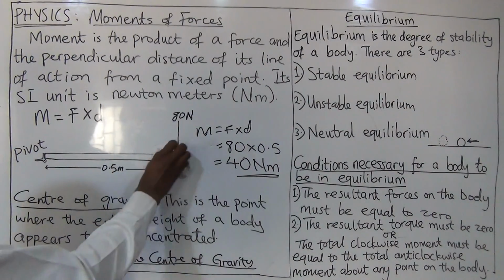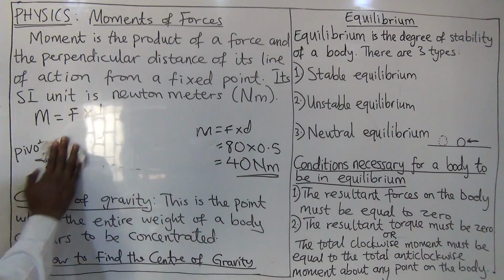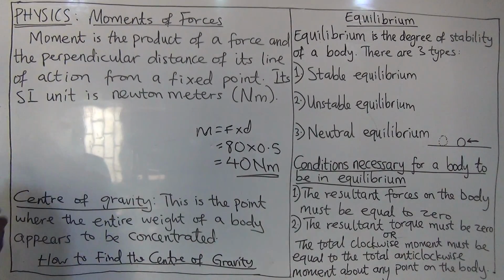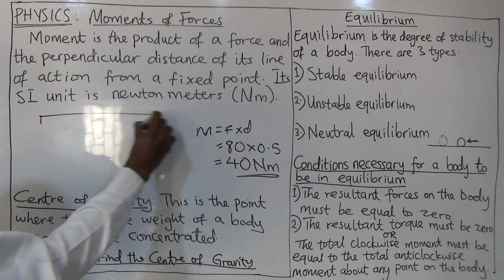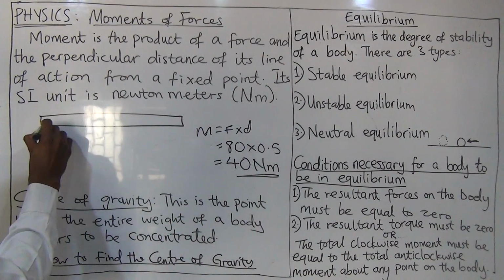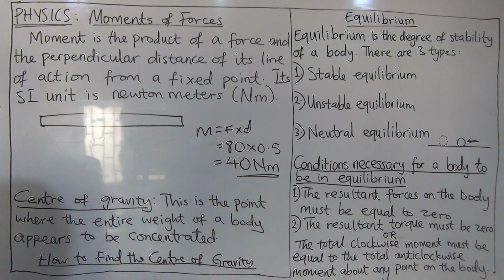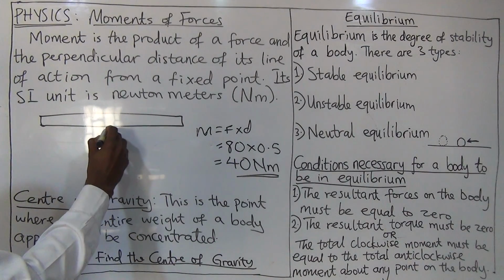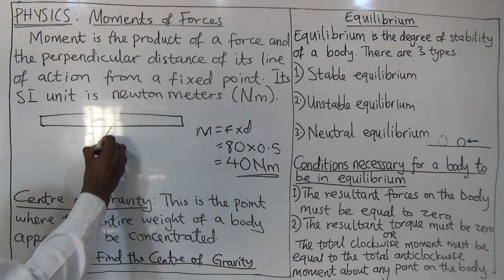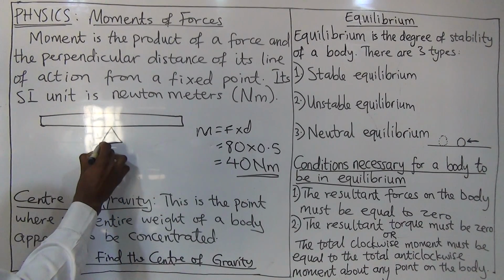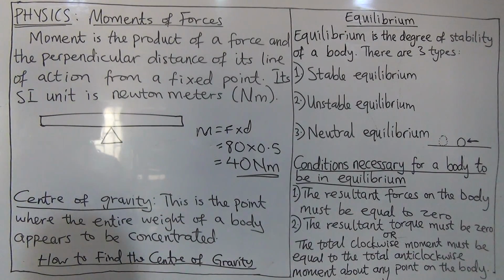So let us consider a situation like this. Consider this object. Let us consider a beam. If we use a knife edge to support this beam at the very center of gravity, then the beam will be balanced.